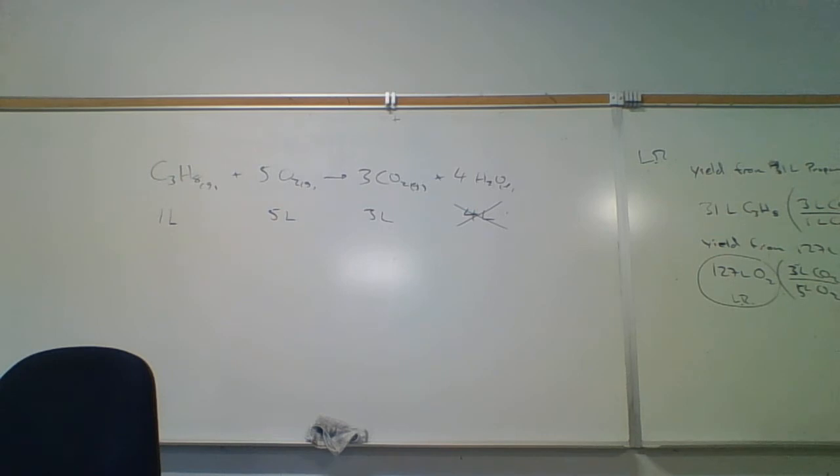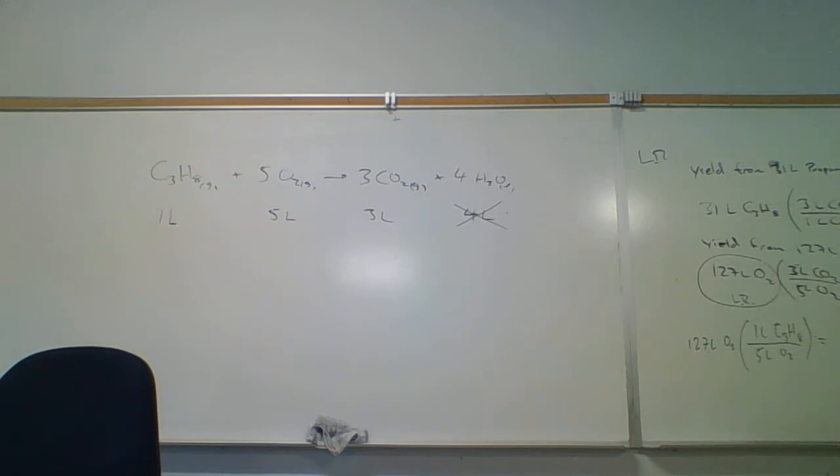How much propane is going to be reacted depends on the limiting reagent. And so based on this, we have 127 liters of O2 that are going to completely react. Now, how much propane will that react with? Well, we can look at the volume ratio there. 1 liter of propane, C3H8, for every 5 liters of O2. And so this is the amount that's consumed by the O2.